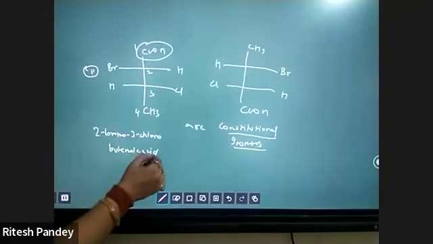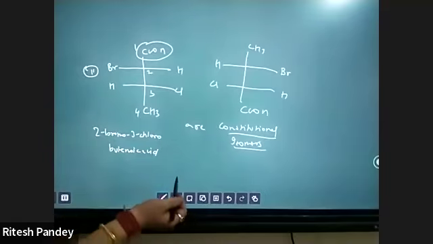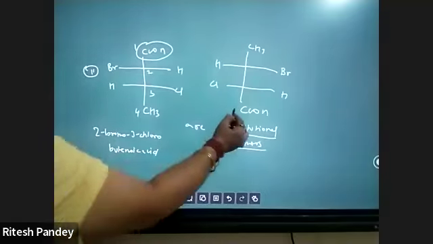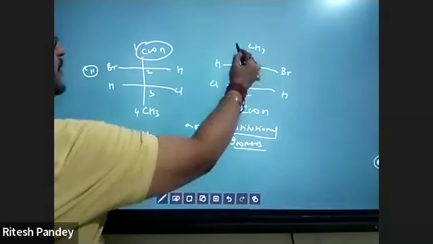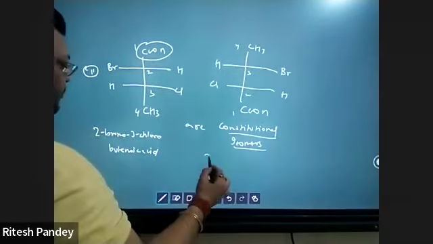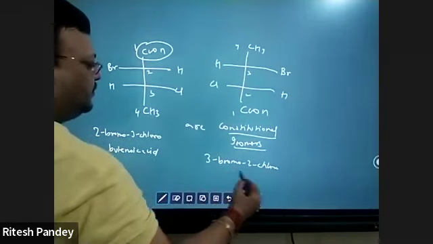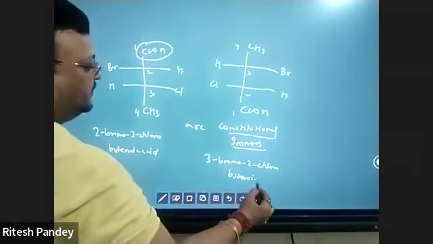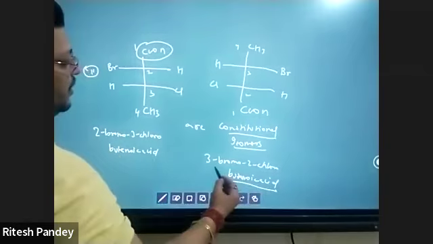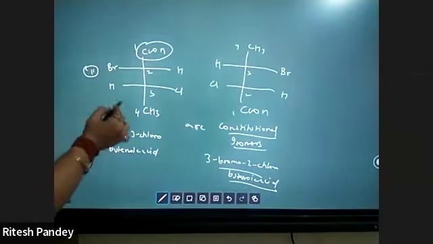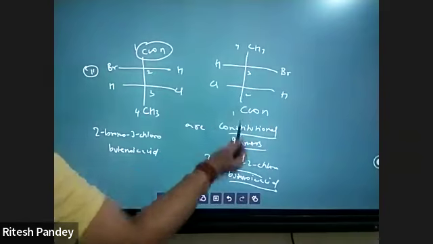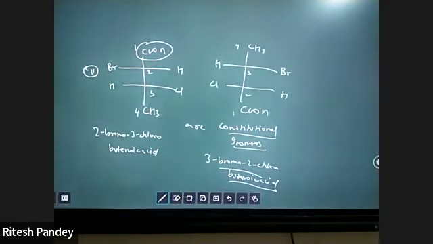Pardon me for the handwriting, it goes weird at times when I'm getting late for my dinner. And this is 3-bromo 2-chloro butanoic acid. So spot on. Here, the carbon bearing COOH has bromine attached, and here, the carbon bearing COOH has chlorine attached.